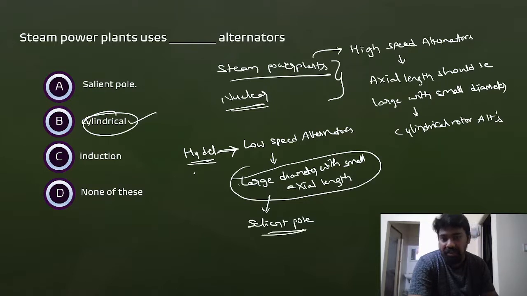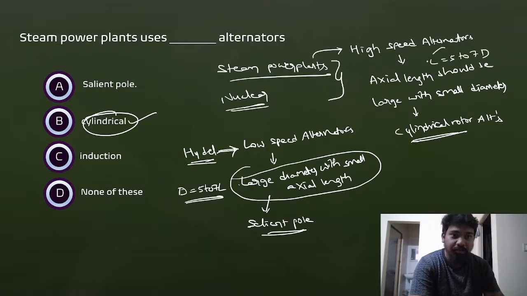So that is why we use a low speed alternator, that is the salient pole alternator, for hydel plants, and for steam power plants as well as nuclear power plants we use a high speed alternator, that is the cylindrical rotor alternator. The cylindrical rotor alternator has a large axial length with a small diameter, whereas the salient pole alternator has a large diameter with a small axial length. Diameter can be 5 to 7 times the length here, and there the length can be 5 to 7 times the diameter. The axial length, I mean the shaft length, will be very much longer when compared to the diameter.